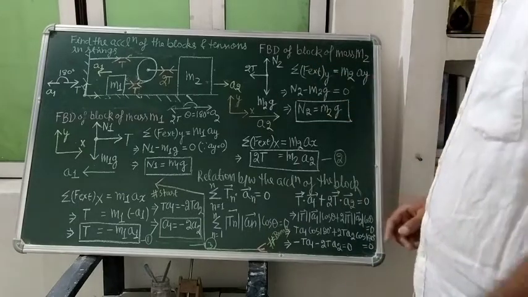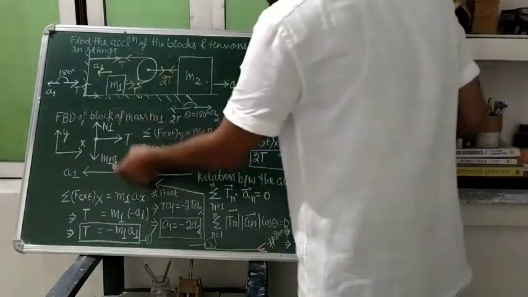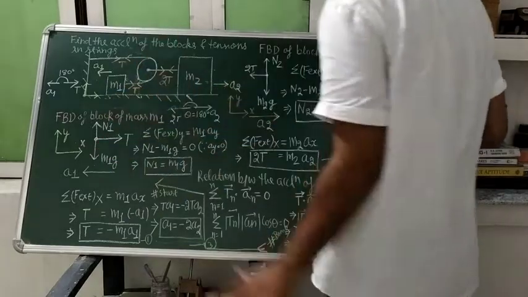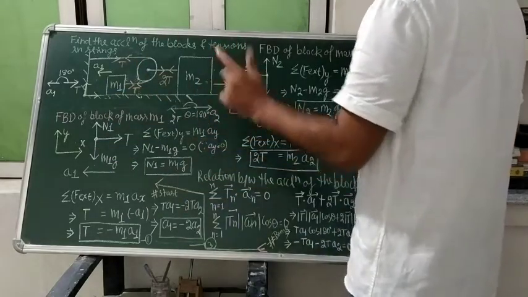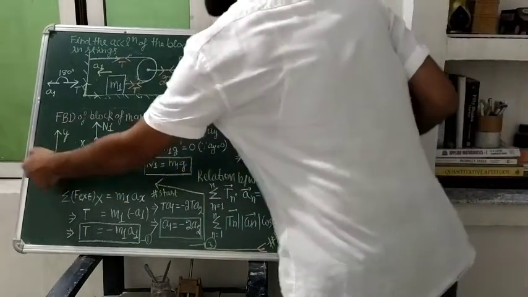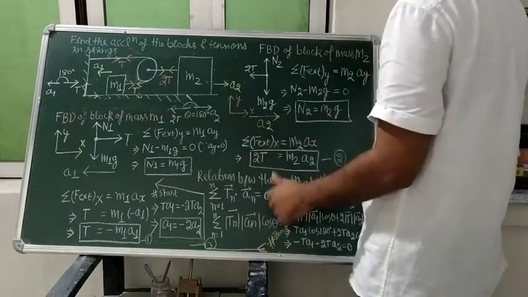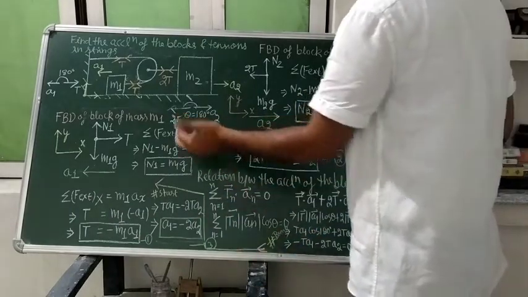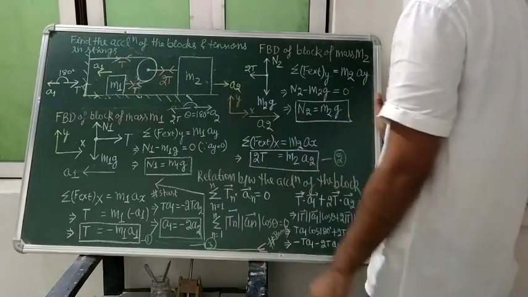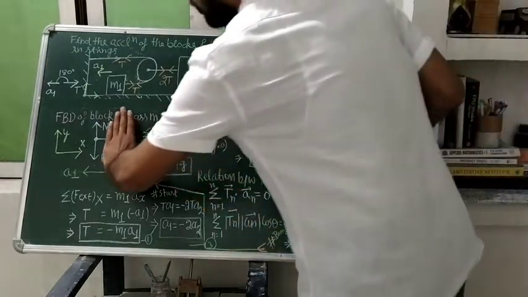Now we draw the free body diagram of mass m1. m1g acts in this direction, and due to the contact present here, normal will act on it, always perpendicular to the surface. The tension T acts in this direction, and this block is accelerating in this direction. Applying Newton's second law in the y direction, the sum of all external forces in the y direction should equal mass times acceleration.